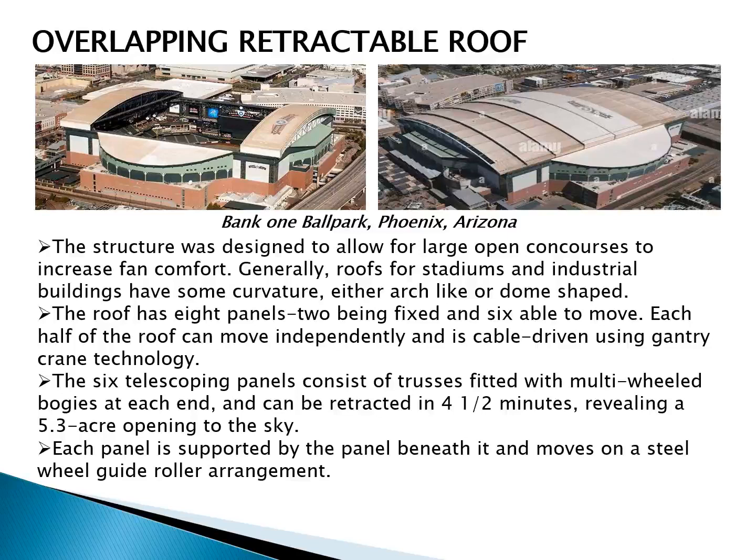The 6 telescoping panels consist of trusses fitted with multi-wheeled bogies at each end, and can be retracted in 4.5 minutes, revealing a 5.3 acre opening to the sky. Each panel is supported by a panel bench. It moves on a steel wheel and guide rail arrangement.